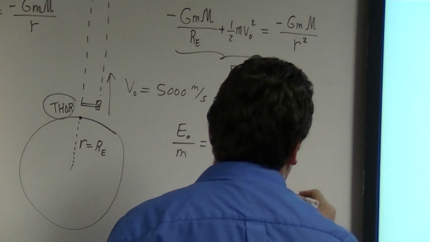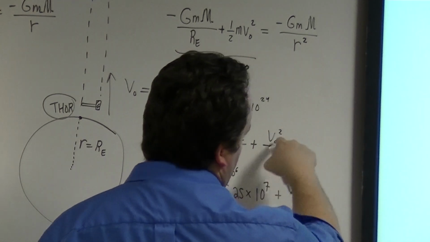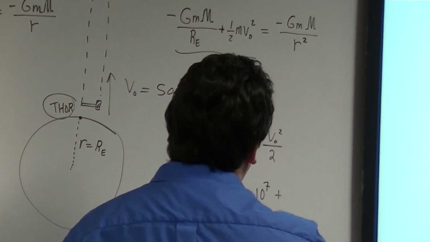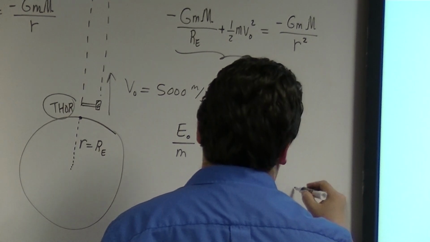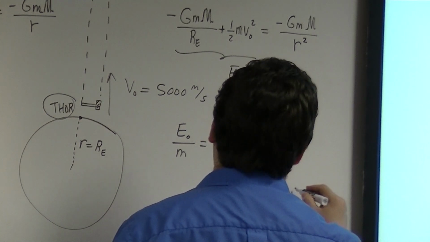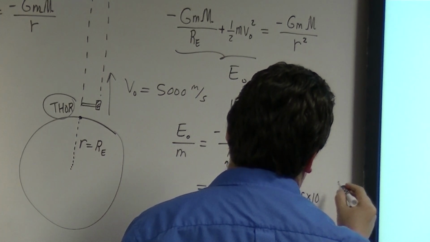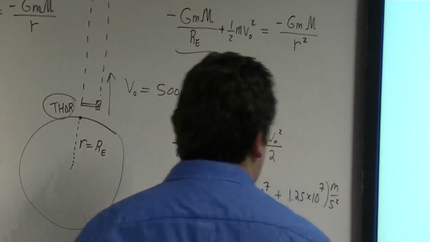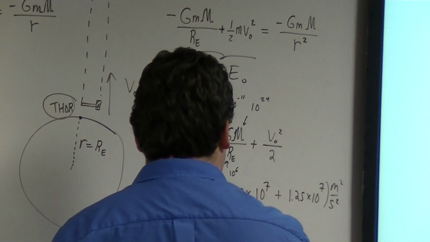It had units of meters squared divided by seconds squared, which is what we should have, because we need to match the velocity squared here. So the dimensions make sense. Then 5,000 squared is 25 times 10 to the 6, so 2.5 times 10 to the 7, divided by 2, so 1.25 times 10 to the 7 meters squared per second squared. And of course, you can see that that is less than 0.